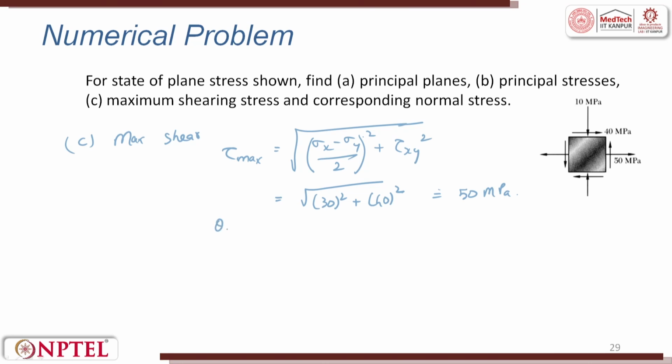So, the angle theta s is equal to theta p minus 45, that is equal to minus 18.4 degrees, 71.6 degrees.